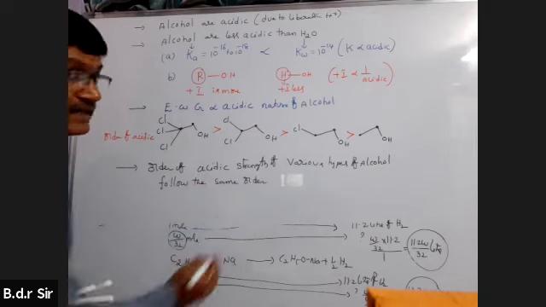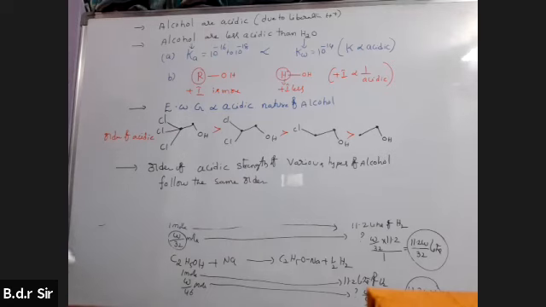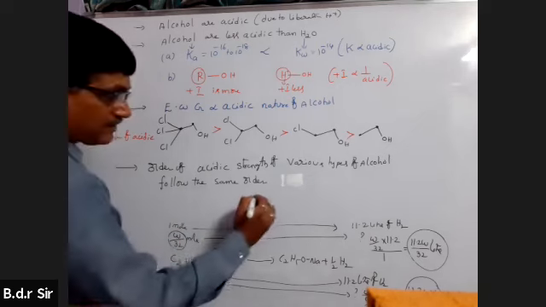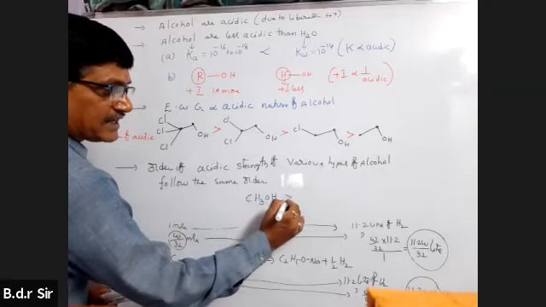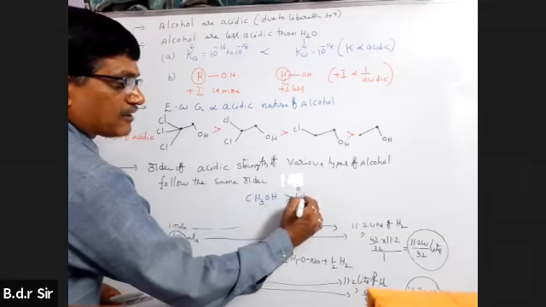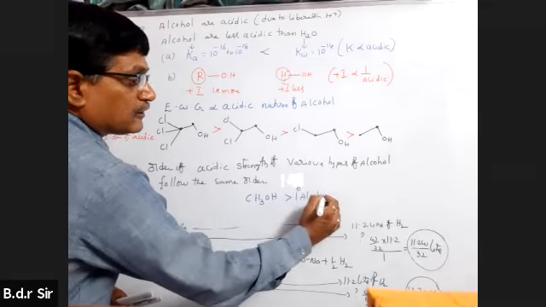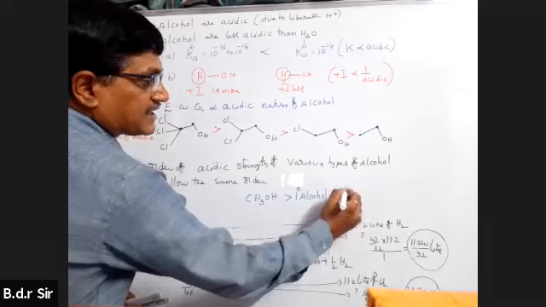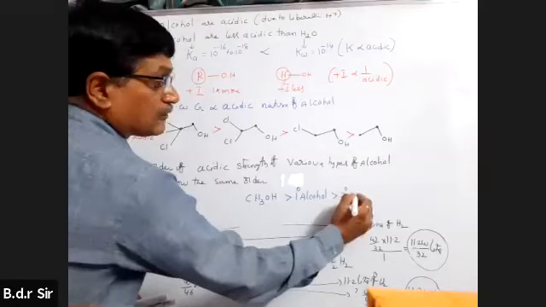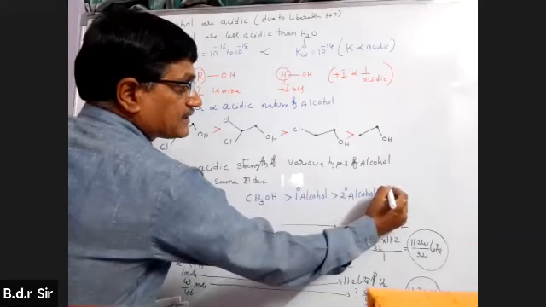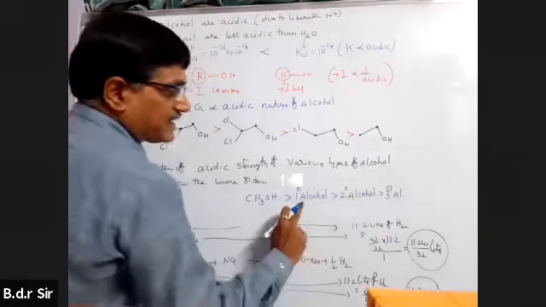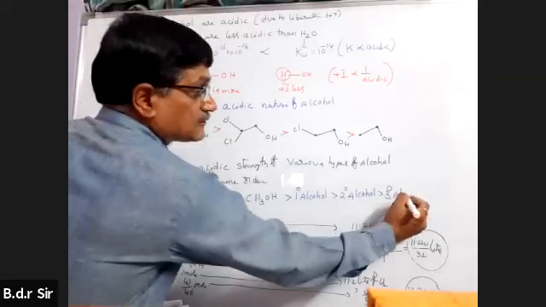What is the order? First methanol, most acidic, greater than primary alcohol, greater than secondary alcohol, greater than tertiary alcohol. Primary, secondary, tertiary.